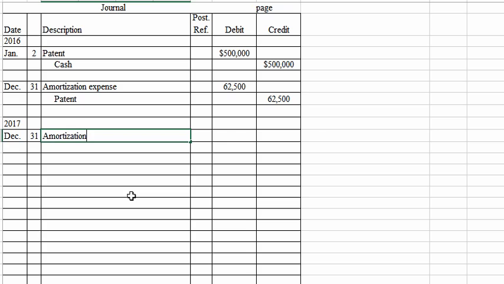Amortization expense. The expense account's debited to increase its balance. Again, it's the 500,000 divided by the 8-year useful life, 62,500, and the credit is to the intangible asset account itself, patent.